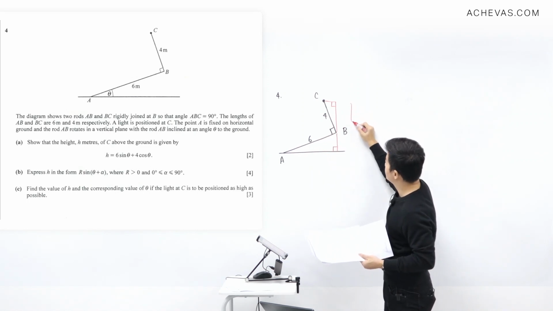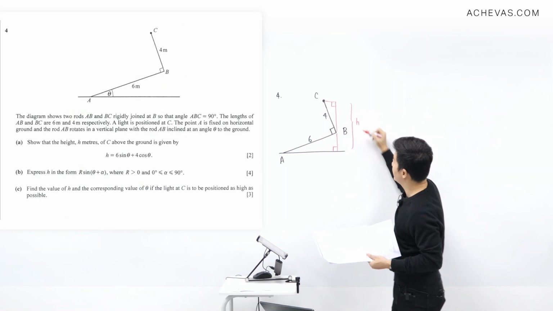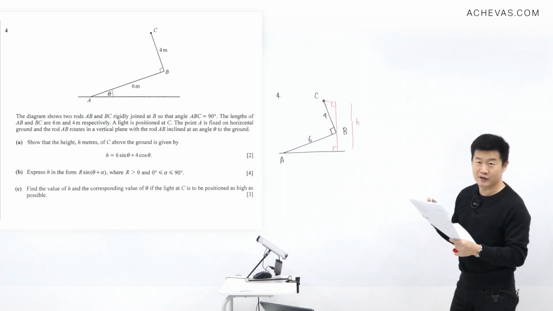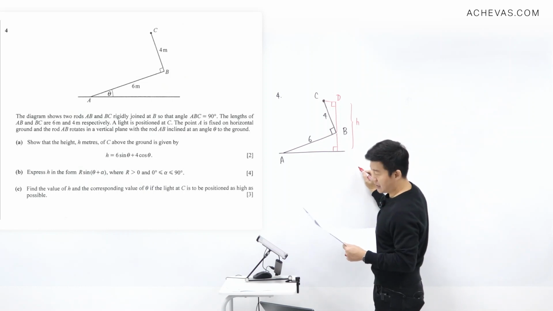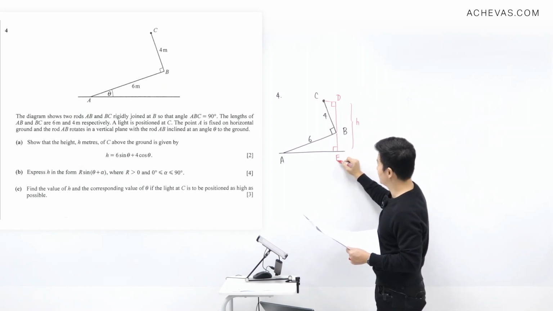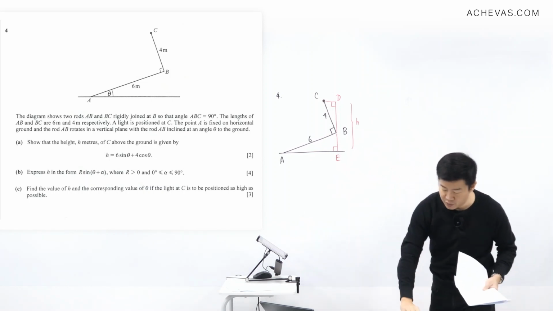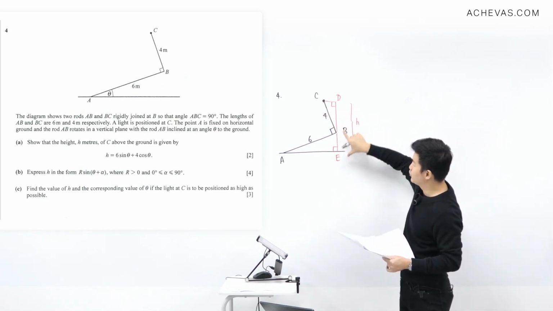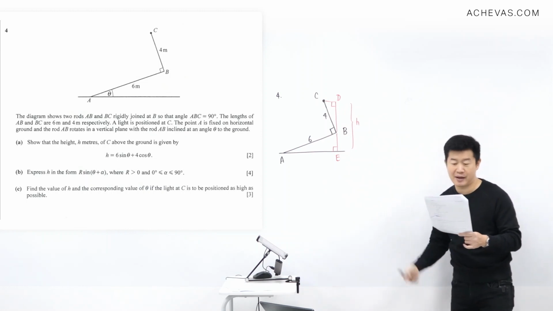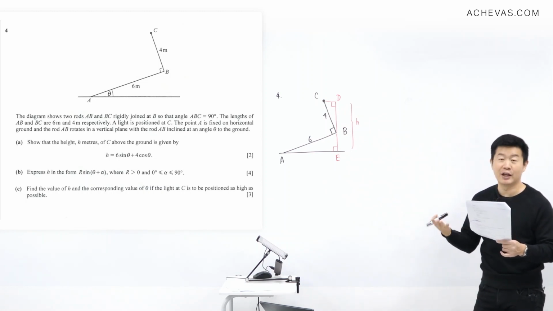And this distance here will also be h. I'm going to name the corners so it is easier for me. So it will be D here, and I'm going to choose this point here to be E. What I'm going to try to do to find h is to find BD and BE, because these should add up together to give me h.